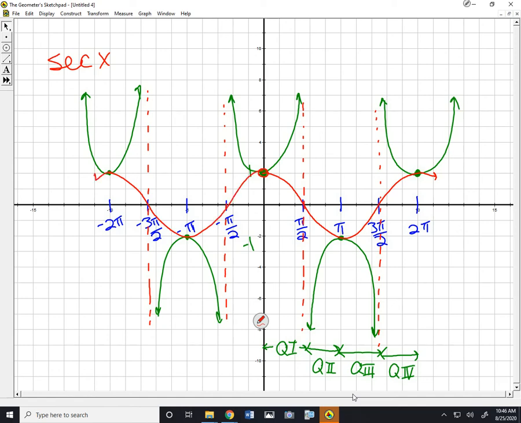And so what you can see if you match up the cosine graph with the secant graph, biggest thing, everywhere that cosine has a 0, secant is going to have a vertical asymptote. And everywhere that cosine has a max or a min, that's where the two graphs would meet at ones and negative ones, and then graph from there. So you can actually use the cosine graph to graph the secant graph.